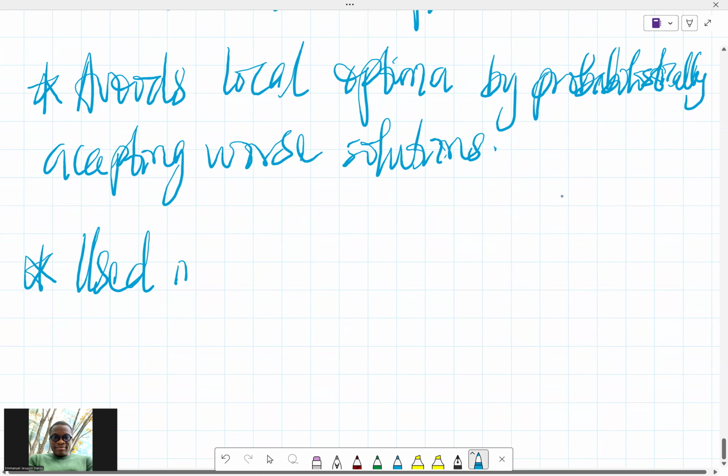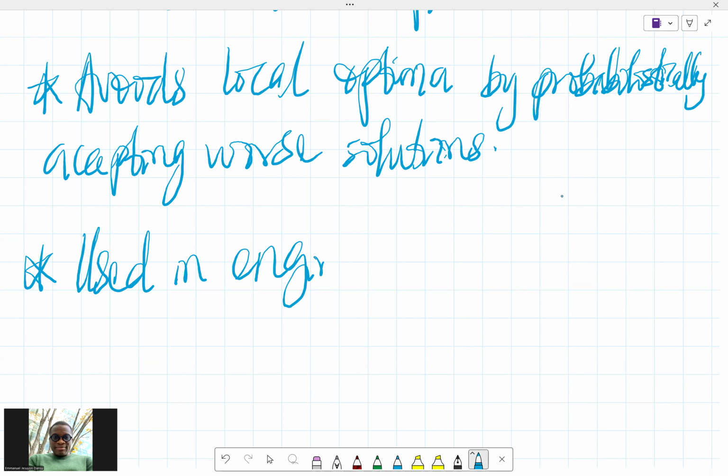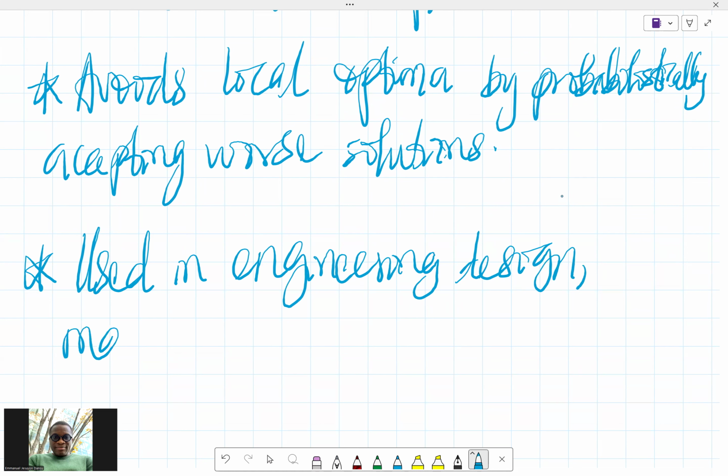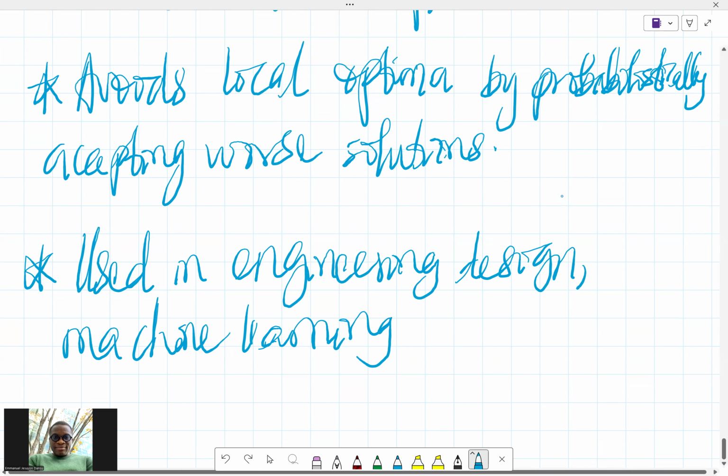So it is used in engineering design, just like we said before. It is used in machine learning hyperparameter tuning, right?